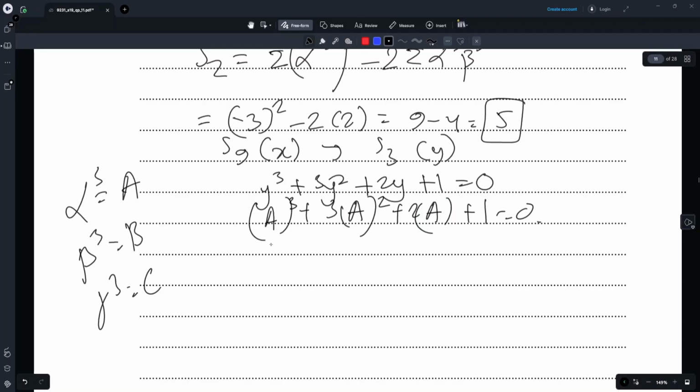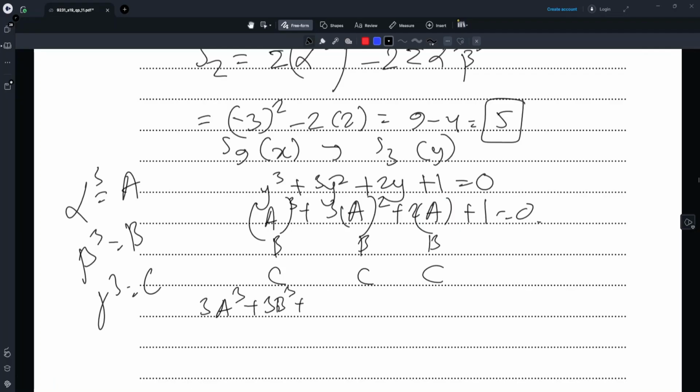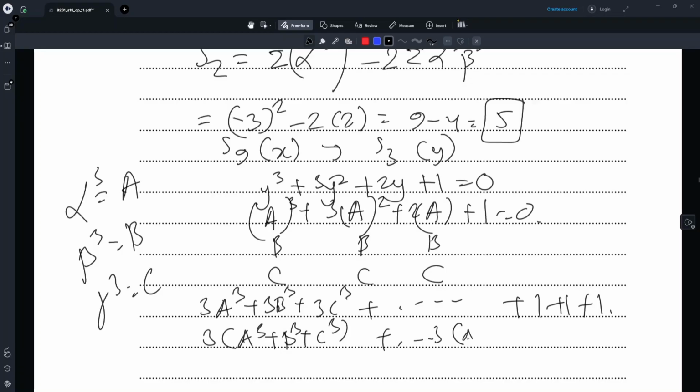And then we do the same thing with B. What you notice is that we get 3A cube plus 3B cube plus 3C cube and so on, plus 1 plus 1 plus 1. So this is the same as 3 times A cube plus B cube plus C cube plus 3 times A square plus B square plus C square plus dot dot dot plus 1 plus 1 plus 1.